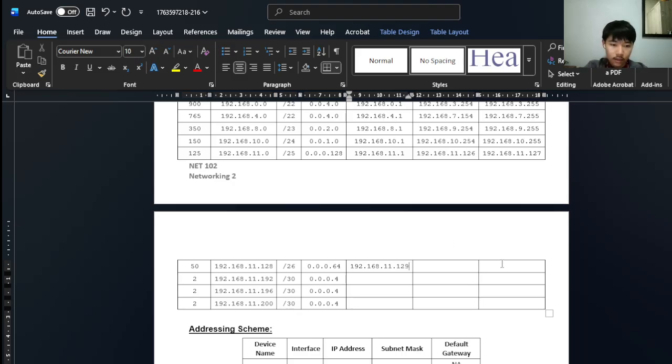So for the broadcast address, 192.168.11.191. Then decrease by 1, 192.168.11.190.